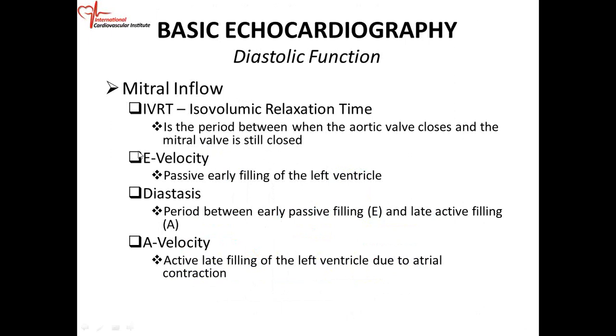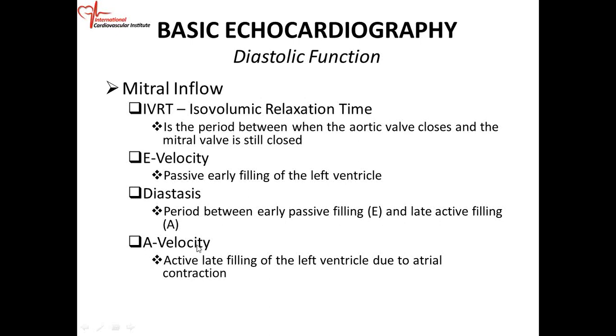Okay. E velocity is when the mitral valve opens and blood is sucked in from the left atrium into the left ventricle. This is the passive early filling of the left ventricle. And then we'll talk about the diastasis, which is the period between the early passive filling and the late active filling. You don't see this prominent in a lot of patients, but it's there.